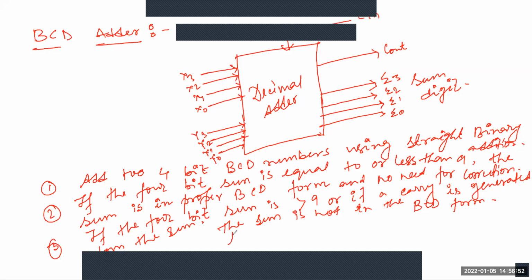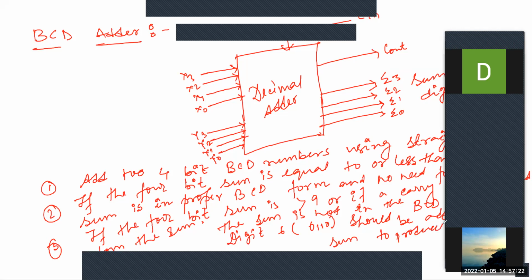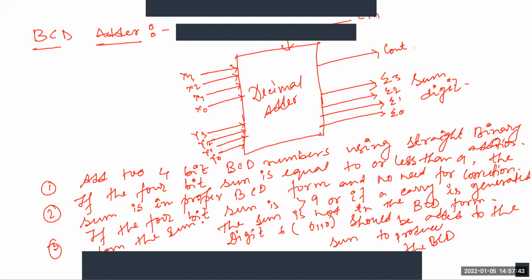Digit 6 should be added to the sum to produce the BCD result. This point should be followed for the BCD adder.